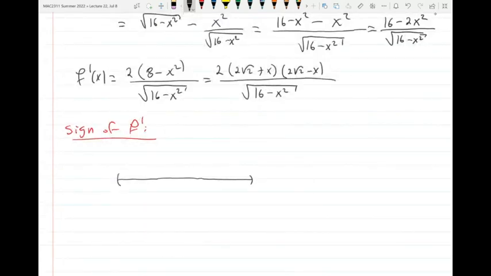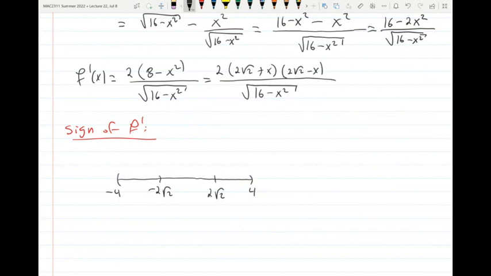So we have here negative 4 and 4, but we don't care about those because those are the endpoints anyways. There is no graph to the left or right. So that's fine. And then we do have some interior values. That's plus or minus 2 square root of 2. So over here is negative 2 square root of 2. And over here we have 2 square root of 2, which are the zeros of the derivative.